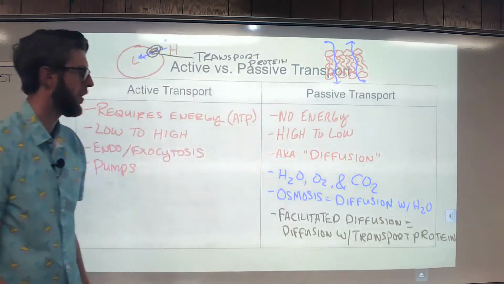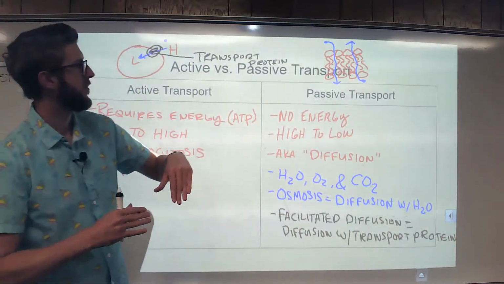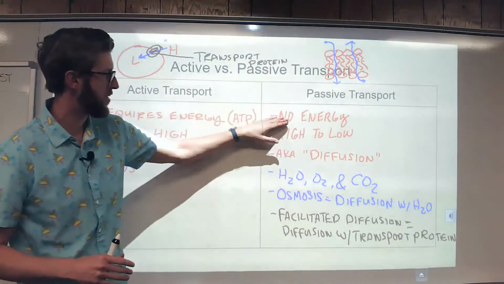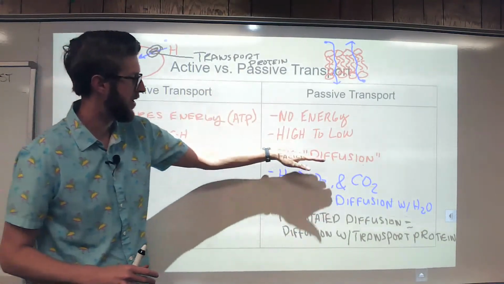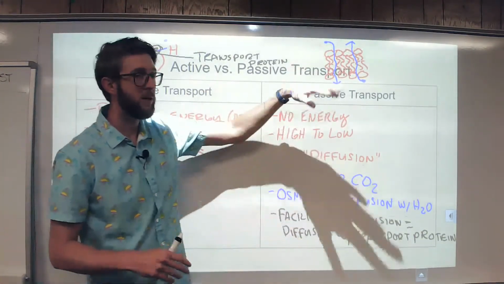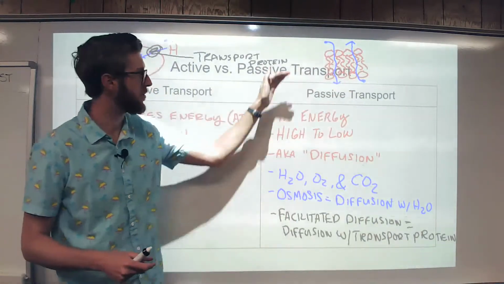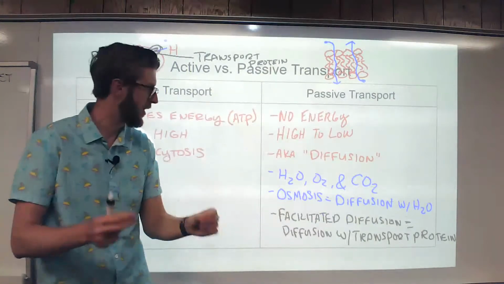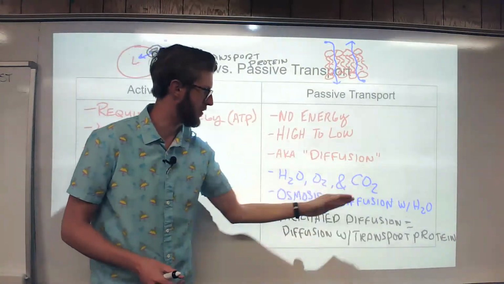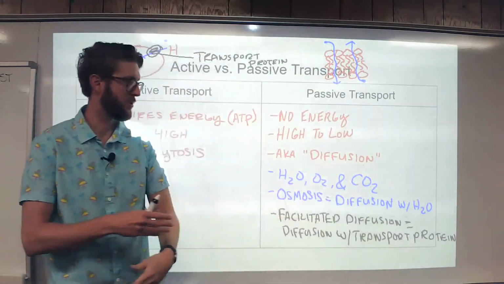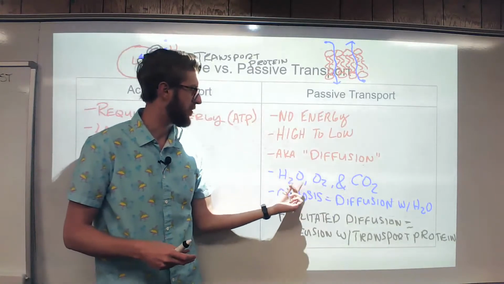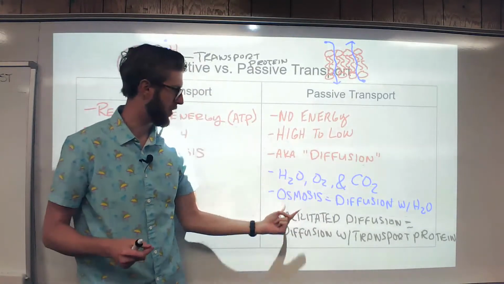Okay. All right. So again, passive transport doesn't require energy. High to low, also known as diffusion. Regular diffusion is stuff that's small enough to just squeak in and out of the cell through the cell membrane because they're tiny enough. That's water, oxygen, and CO2. Oxygen and CO2 is just normal diffusion. Diffusion with water we call osmosis.